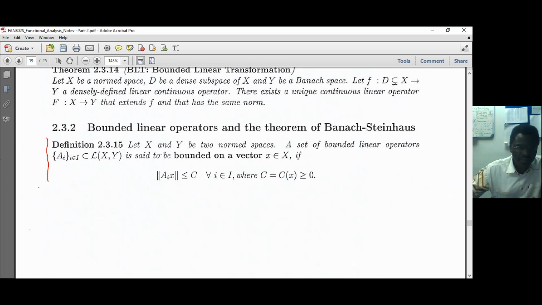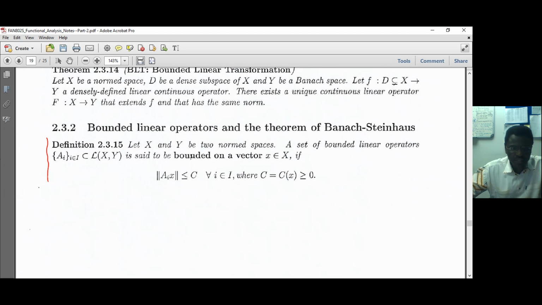So we have two normed spaces, X and Y, and we take a set or a sequence. We say sequence, it refers to the subscript in N. Let's say a set or a family of bounded linear operators, meaning that each A sub I is an element of calligraphic L(X, Y).